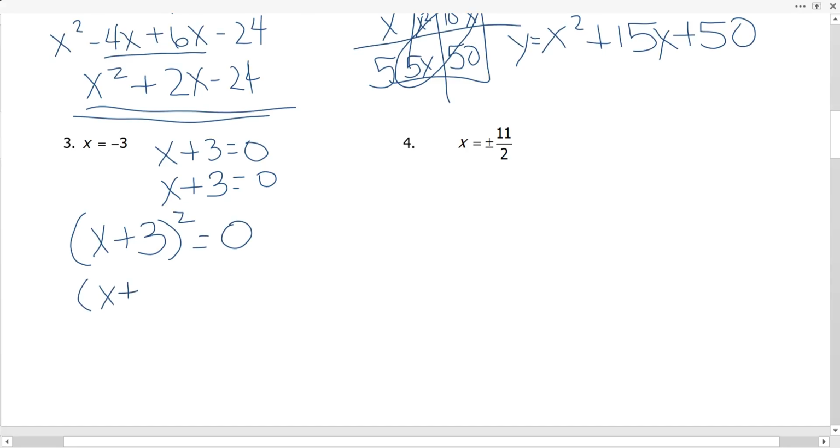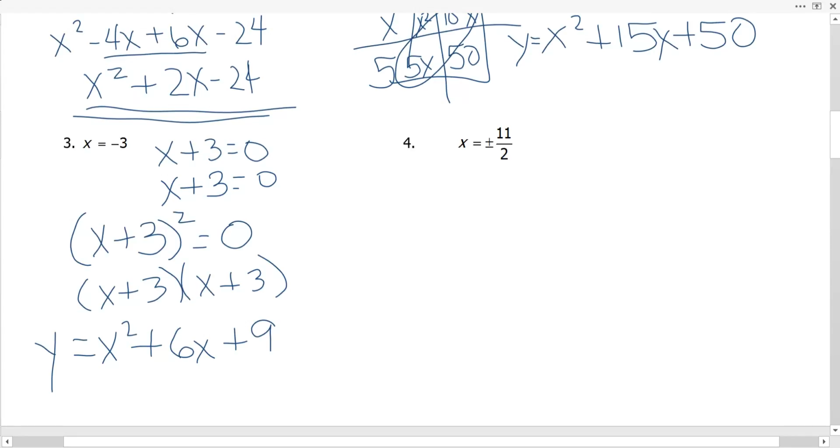So I'm going to multiply x plus 3 times x plus 3, and I end up with x squared plus 6x plus 9, which is a perfect square trinomial, and that's equal to y. One solution means that both my factors are the same.